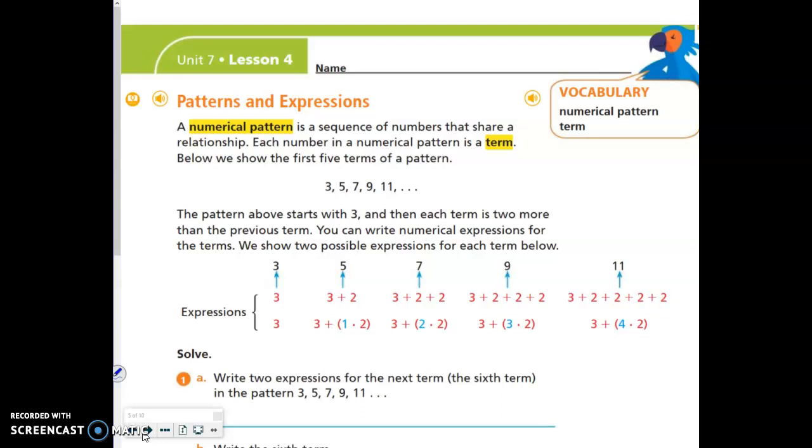Now, where this is taking us in the very near future, guys, is that we are creating numerical patterns today, which are made up completely of numbers. But eventually, we are going to want to establish what we call algebraic expressions or algebraic patterns, where we can start with a variable, something like a letter, and build off of that using some sort of rule.